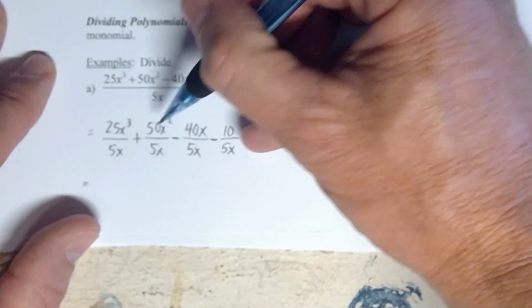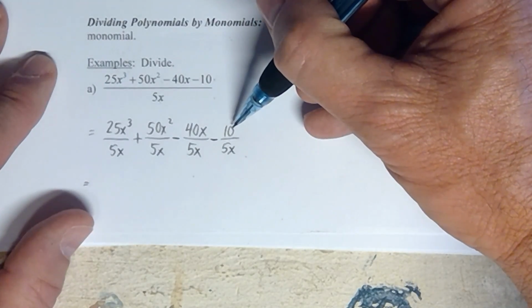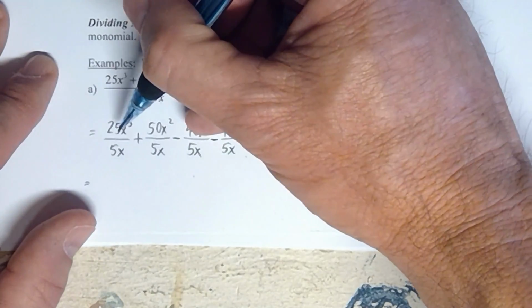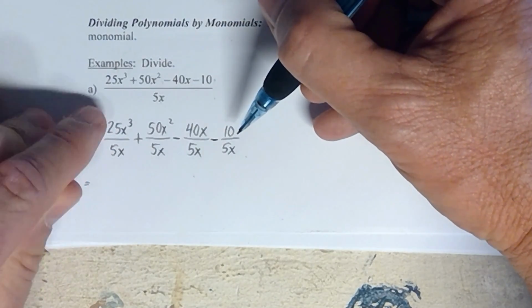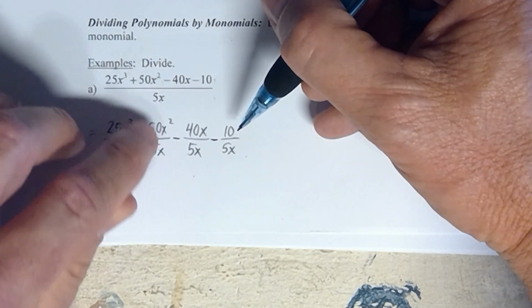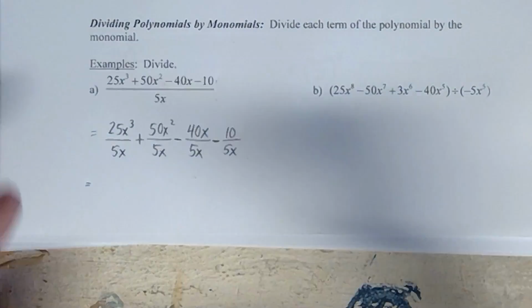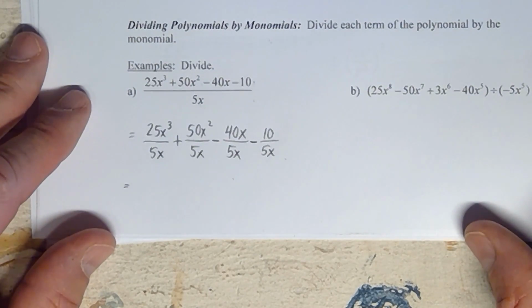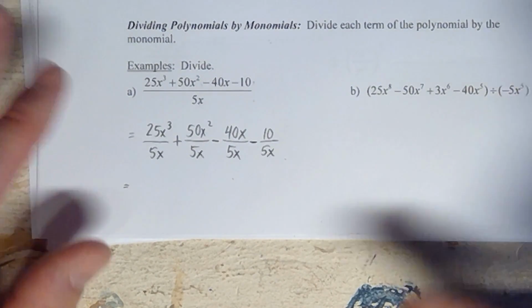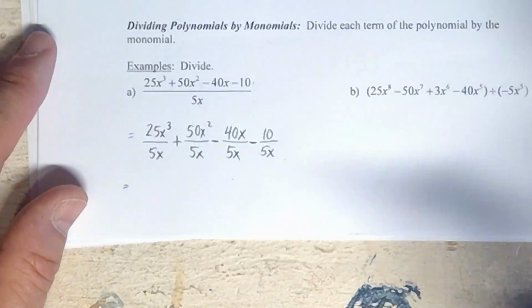Notice that each one of these fractions, now that I've separated them into different parts, has one term in both the top and bottom. One term divided by one term divided by one term. When you have one term in the top and bottom of a fraction, you are allowed to reduce it without having to do anything special. You can just start reducing.